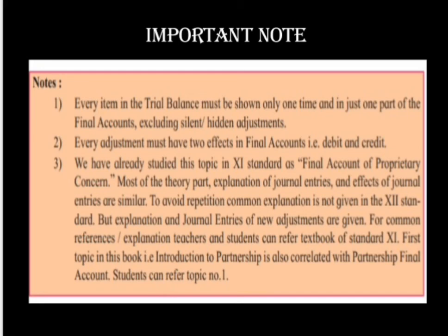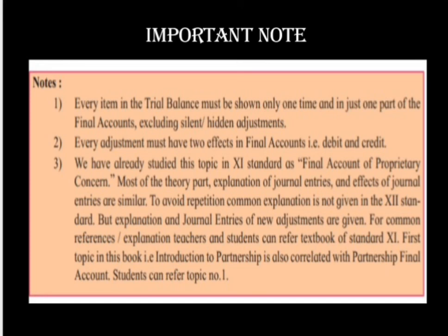Means in an easy way, I can tell you, trial balance gives only one effect and adjustment gives two effects. Every adjustment must have two effects in final accounts, that is debit and credit.